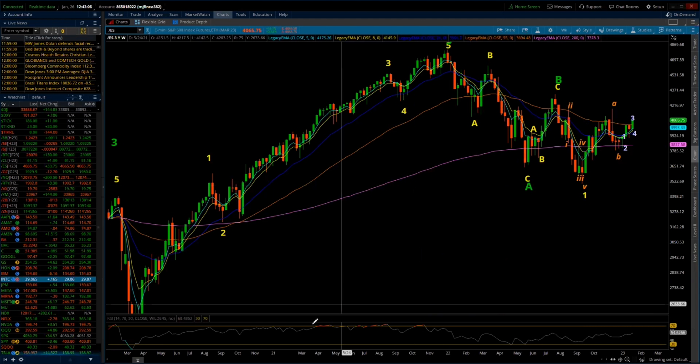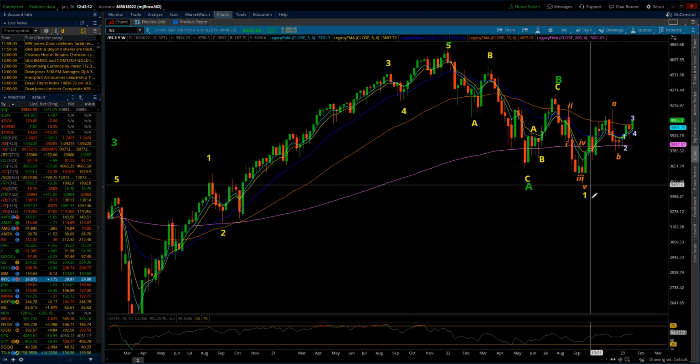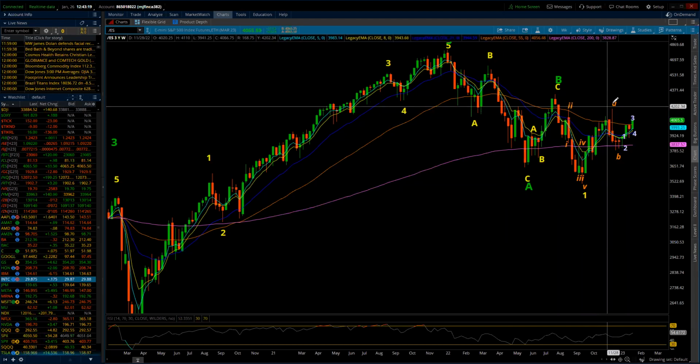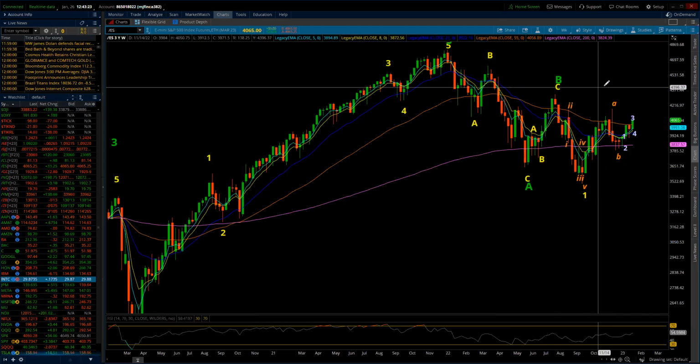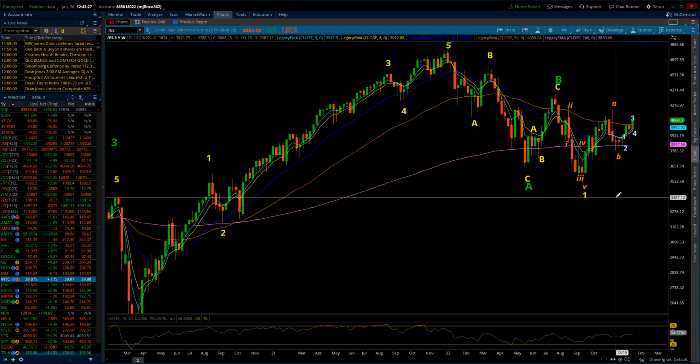So what we have here is intermediate wave 1, and originally for the longest time, this level right here, I had labeled as intermediate wave 2, and that we were already in an intermediate 3rd wave beginning.